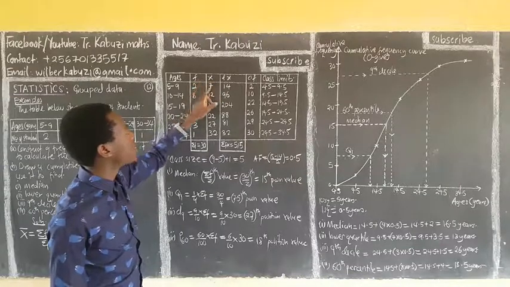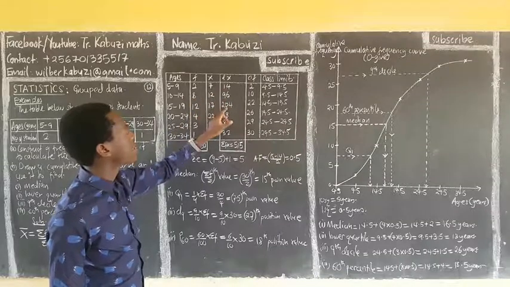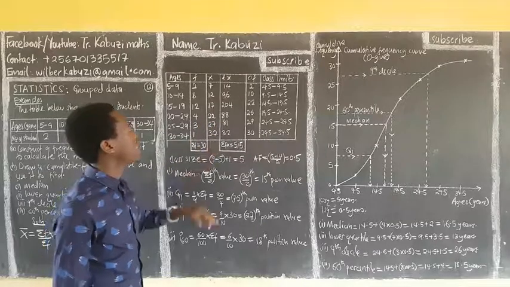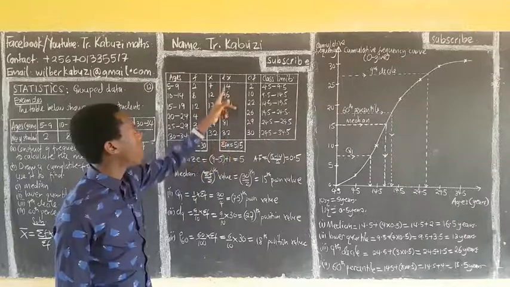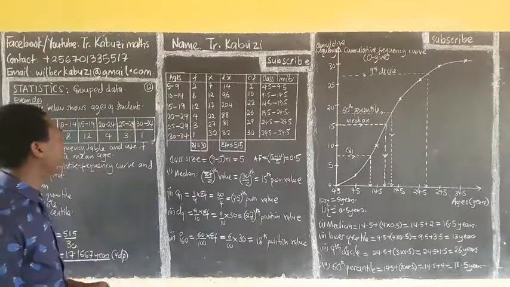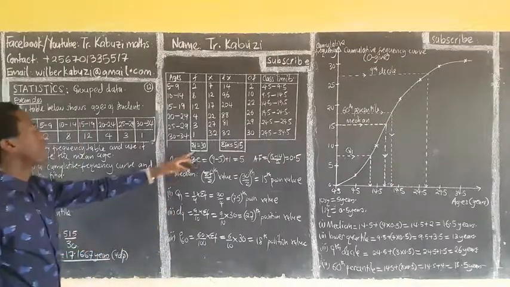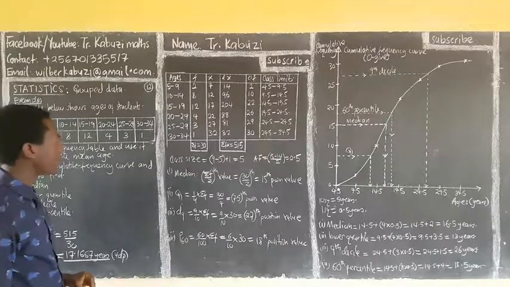Get this times this, this times this, up to this times this, you get that. Then you sum these, so the sum of f of x is 515. To get the mean, you get summation f of x over summation f. When I put there my summation f of x, then summation f is 30, and when I divide, that's what I get.